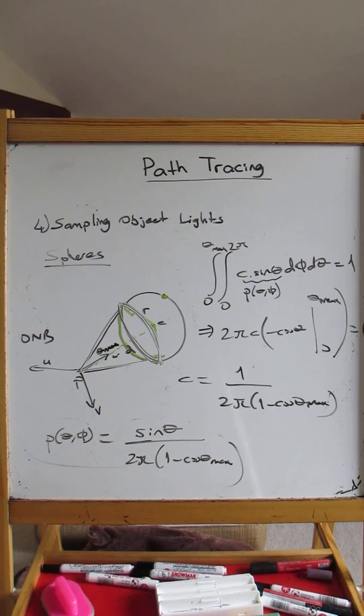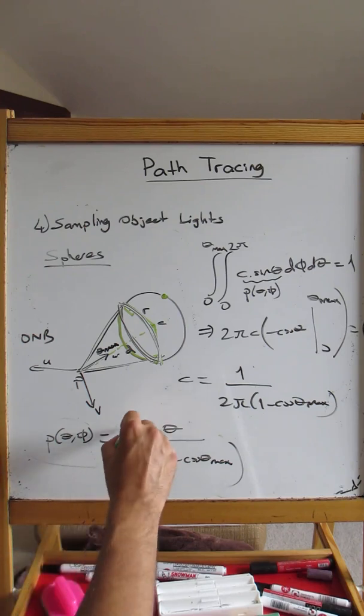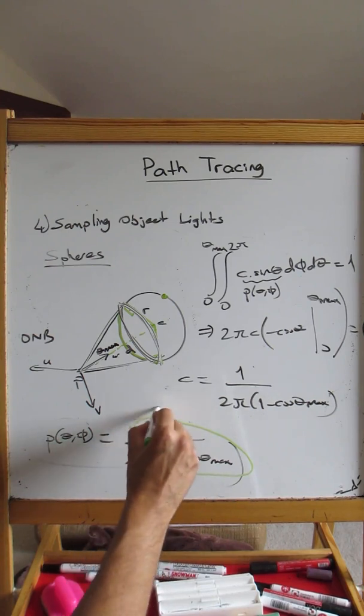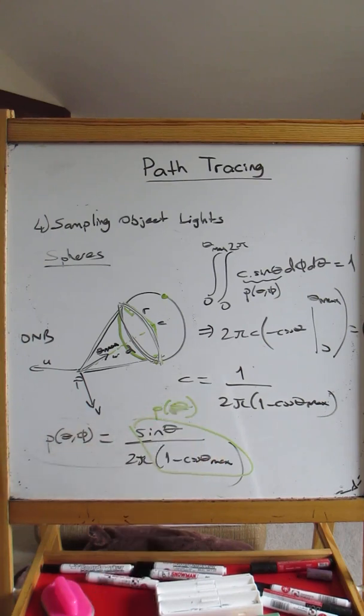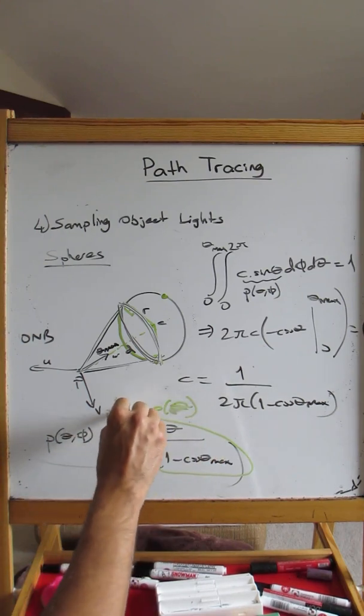In order to sample from this distribution, we are trying to separate this into two PDFs. We want this to be separable. Now, luckily, this is also separable. So this part could be your p(theta), and this is the p(phi).